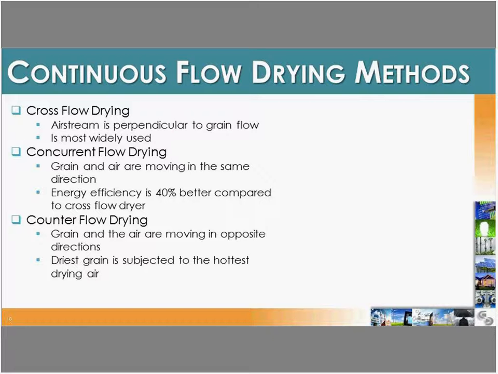The concurrent flow, grain and air moving in the same direction, is said to be a bit more energy efficient compared to just your standard cross flow dryer. And then the counter flow drying, where the grain and the air are moving in opposite directions, so the driest grain is really subject to that hottest drying air.